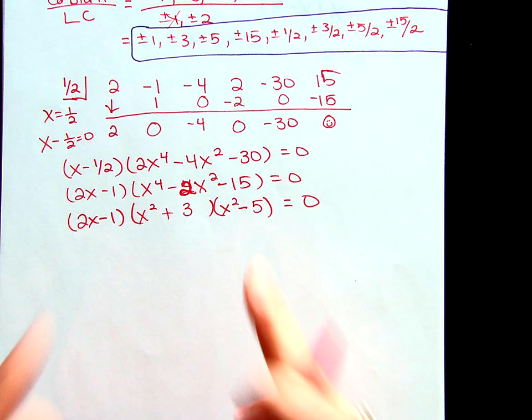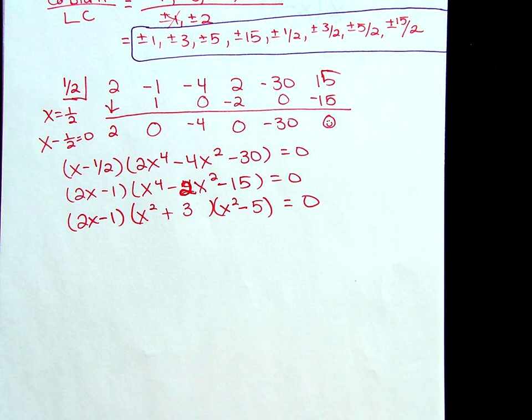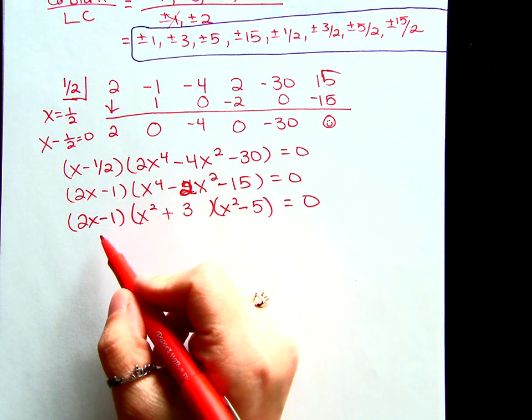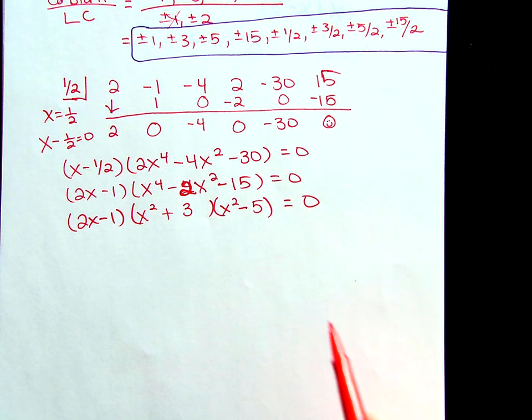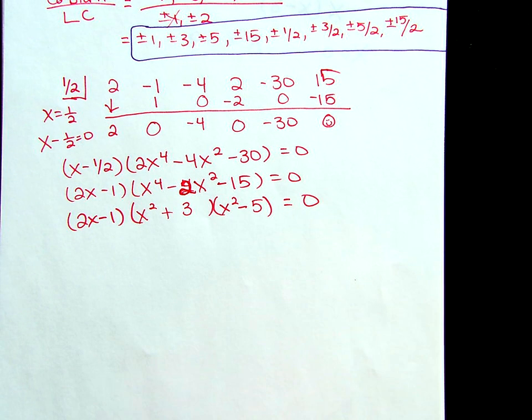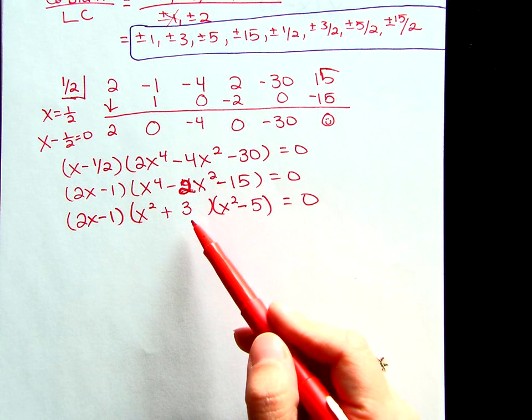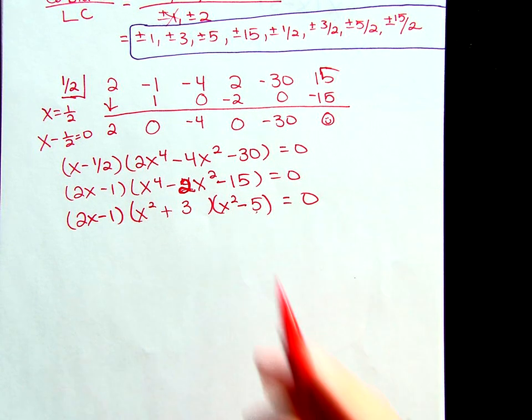We don't need to do that for the first one because we already know it. But we should do that for these other ones to get the remaining zeros, because this isn't all factored into the nice linear form that they want. The nice linear form is where you have x minus the 0. Right now we don't have that because we have x squared plus 3 and x squared minus 5. So I'm going to set those equal to 0 to figure out what my remaining zeros are.